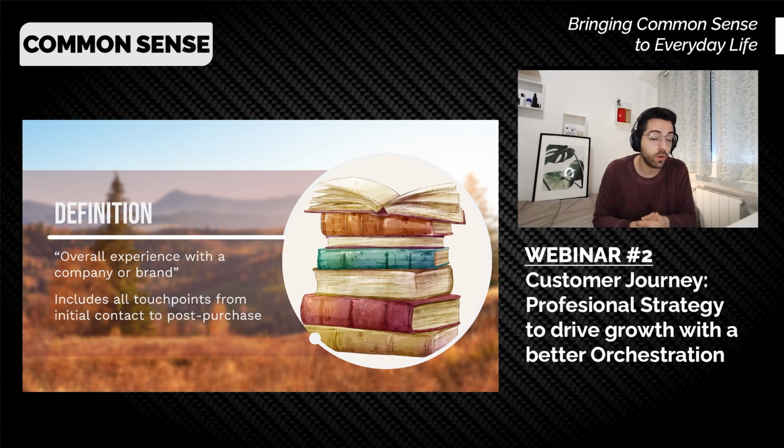Those are the contact points: talking to a cashier, getting and seeing the product, searching online, buying, paying, receiving it at home. There are many, many touch points, and we will see the main ones that can be considered over the whole process.